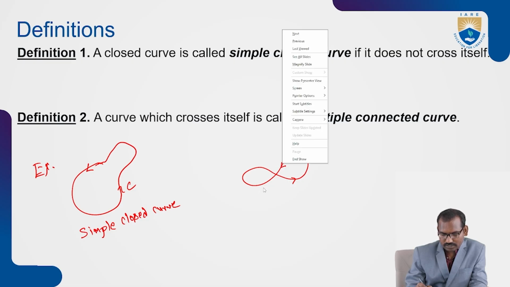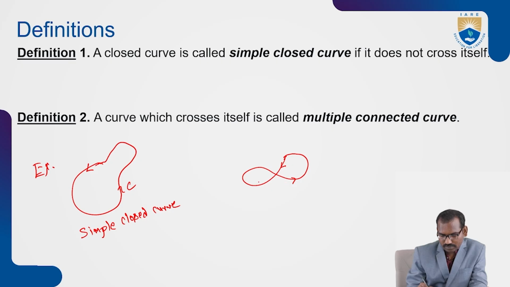Here this curve is crossing itself, that's why I'm going to call this curve a multiple connected curve.